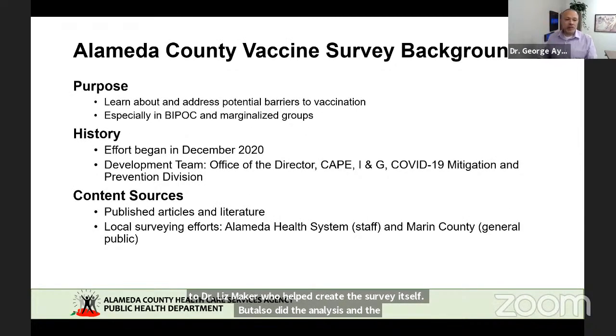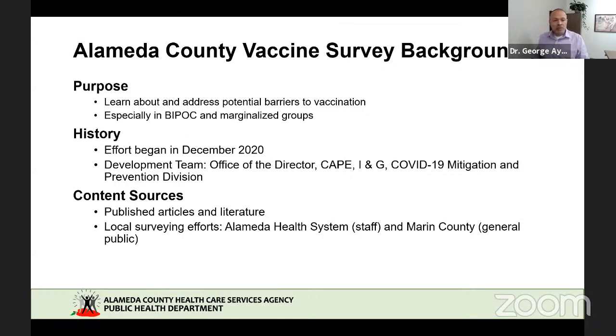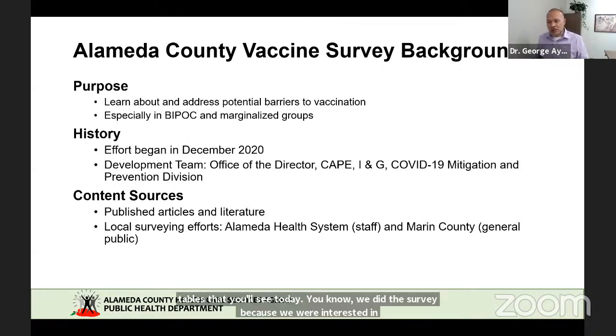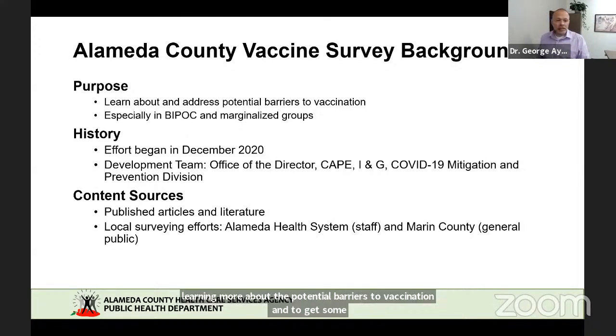We did the survey because we were interested in learning more about the potential barriers to vaccination and to get some insights about how to address barriers, especially in Black, Indigenous, and people of color communities, as well as other marginalized groups. The effort really started in December.